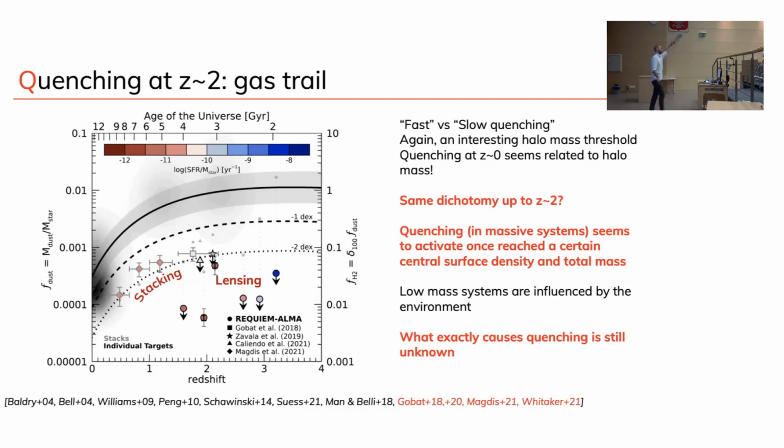That's because, again, dust is tracing cold gas in galaxies. So you have this number right here. This is what you expect in the local universe. Your typical main sequence galaxies follow this trend. But then you can start now looking for quiescent galaxies as a function of time and see how much dust or gas they have. It's very hard because they're faint.